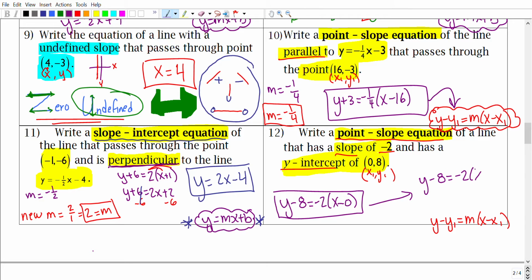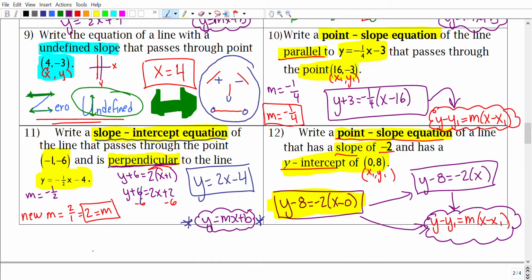So I can rewrite this as y minus 8 equals negative 2x. So this right here is also that form. Obviously, the one I did first looks a little bit more like that form, but either will work. Whichever one you think is easiest, go ahead and keep it that way.